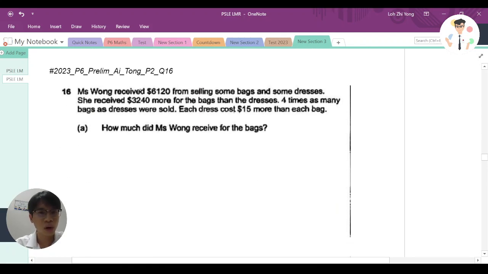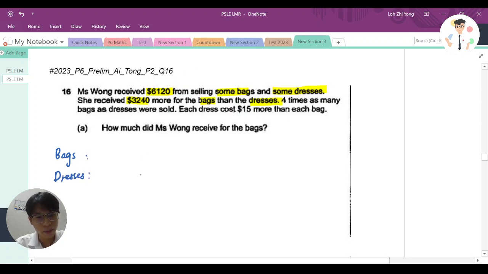So here says that Miss Wong received 6120 from selling some bags and some dresses. Okay? Now, she received 3240 more for the bags than dresses. So let me just write down first, okay? So I have bags, I have dresses.